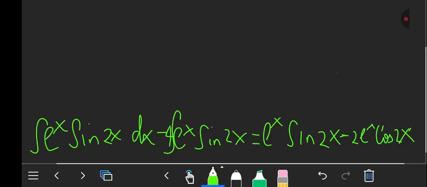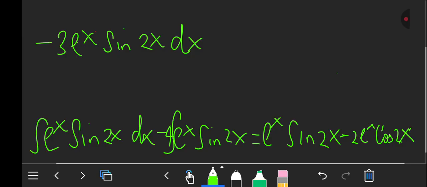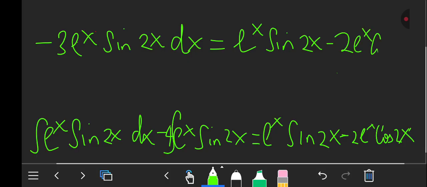So if we subtract, we'll get negative 3 e to the power x sine 2x dx is equal to e to the power x sine 2x minus 2 e to the power x cos 2x, like that.